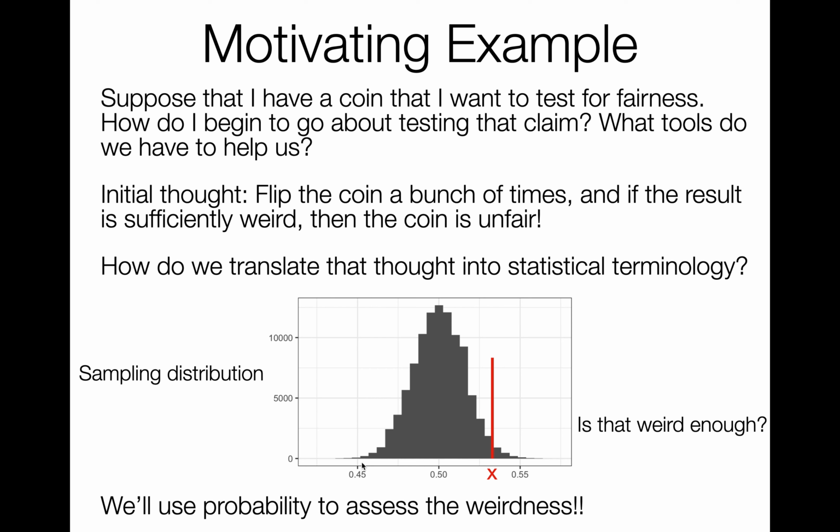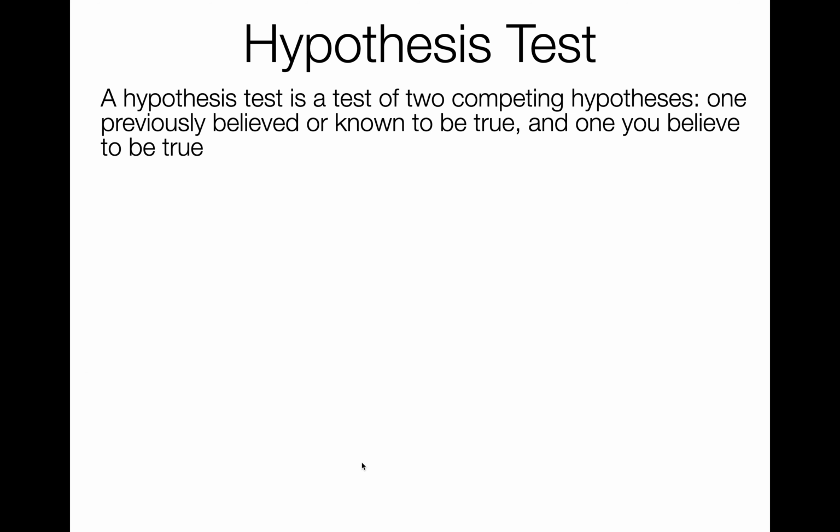We previously assumed that the coin was fair, and then we saw that our outcome was really weird and really unlikely if the coin was fair. Hopefully that made sense. If not, we'll have many more opportunities to try to make sense of it.